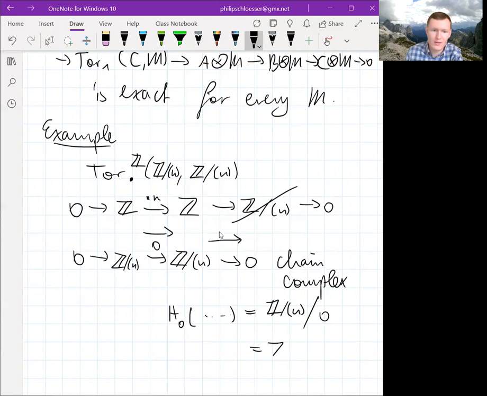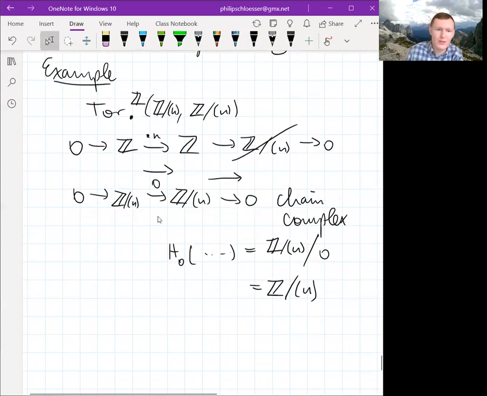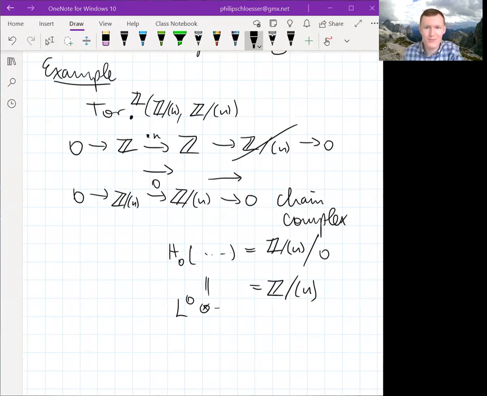So we have Z modulo n, which, sure, this is just the zeroth left derivative of the tensor product. So it should be the tensor product. So that shouldn't be that surprising.